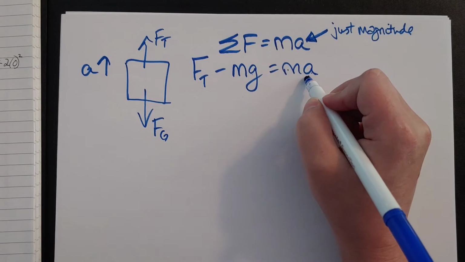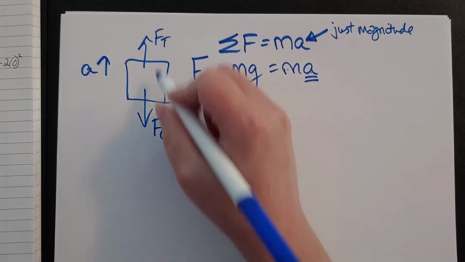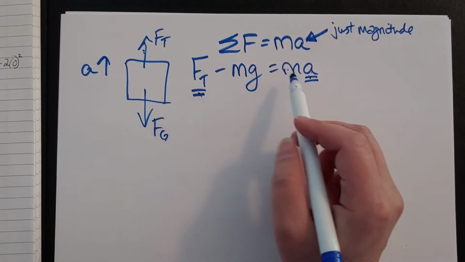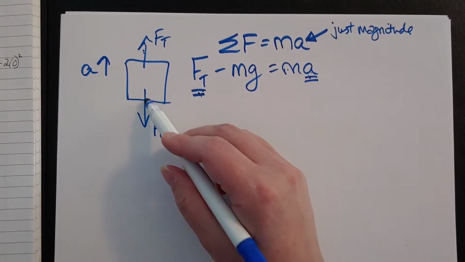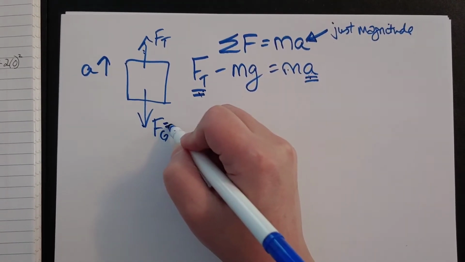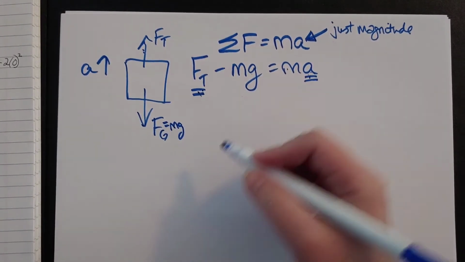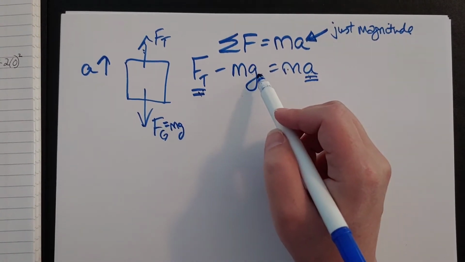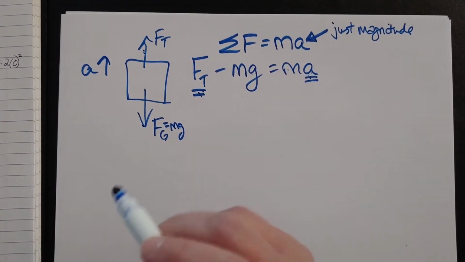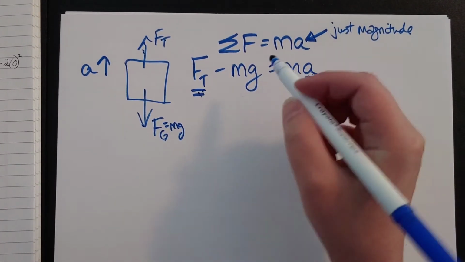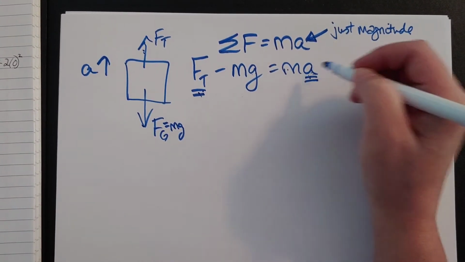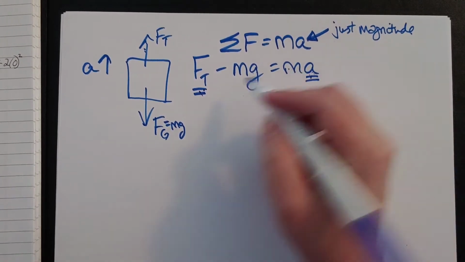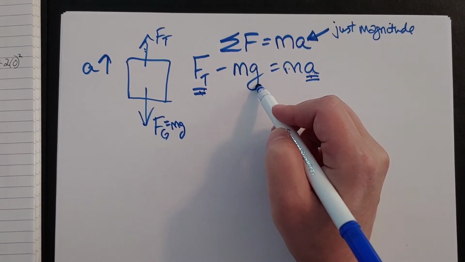And so we want to pick the vector that's in the same direction as a to be positive, and if it's in the opposite direction, I sometimes write Fg, sometimes write mg. If it's in the opposite direction, it gets a negative. Some of you did the elevator problem where you talked about the acceleration, you plugged in the number, and it was like negative 0.9 meters per second squared, but you had this as the free body diagram.